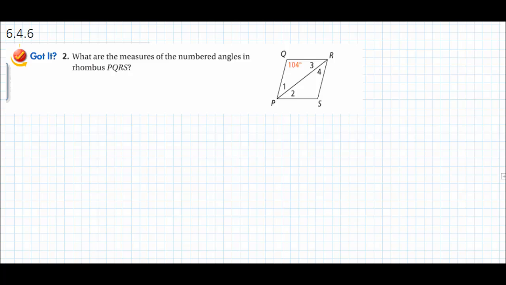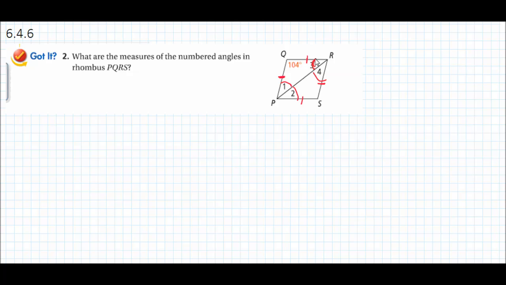What are the measures of the numbered angles in this rhombus? Again, we know it's a rhombus, so we can make some conclusions. Okay, the only thing we know right now is angle Q. Well, let's just look at this for a second. We know right now that angle and that angle are congruent, and that angle and that angle are also congruent to each other.